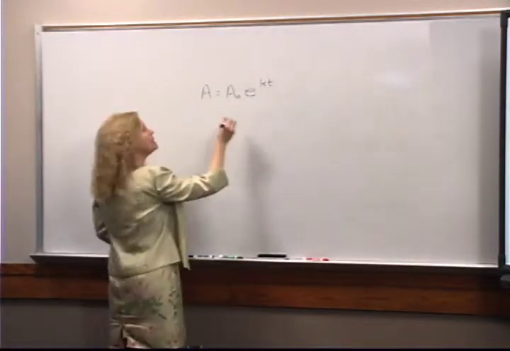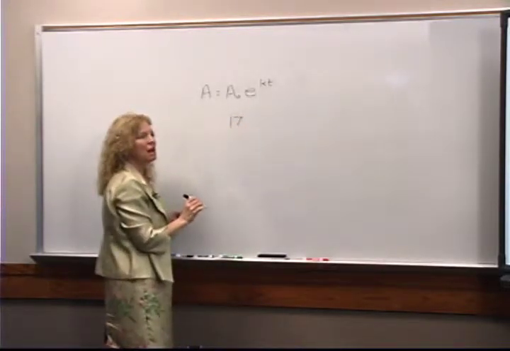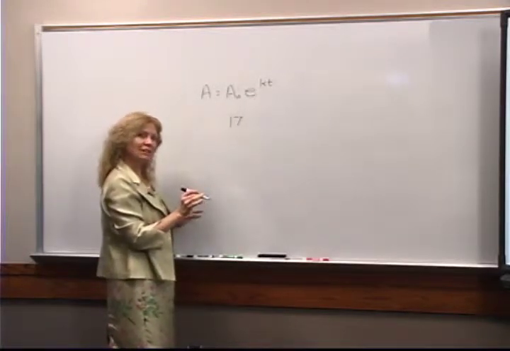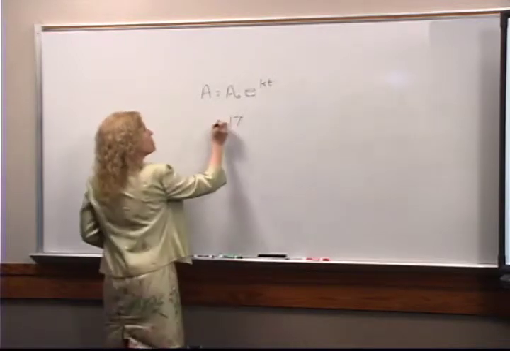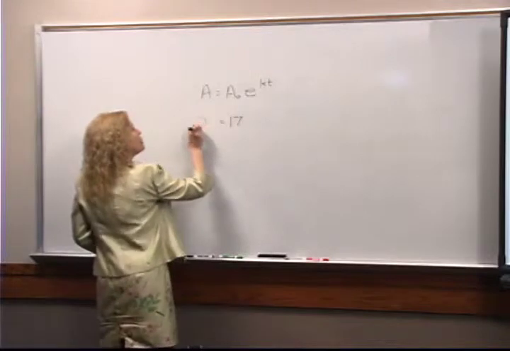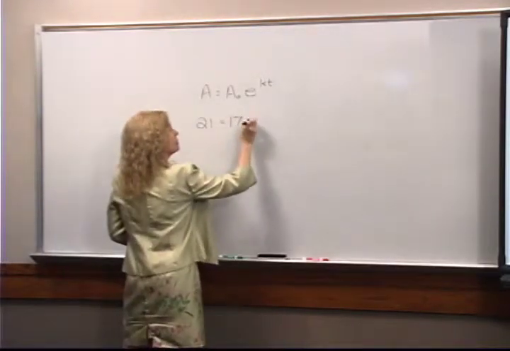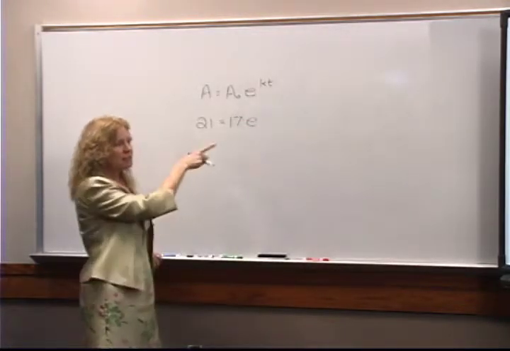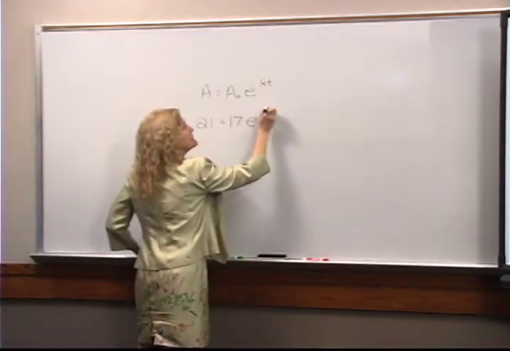So in 1990, our amount was 17 million. I don't want to write all those zeros, so it'll be understood that my amount is in millions. And then we had an amount of 21 million later on. How much later? Well, from 1990 to 2000, so my time was 10 years.